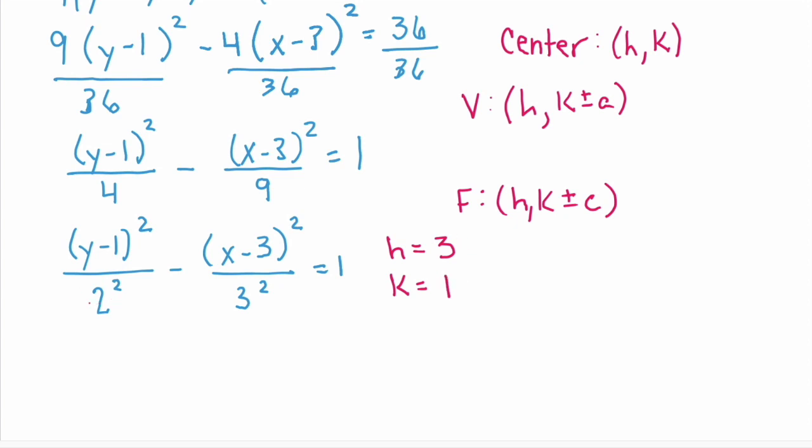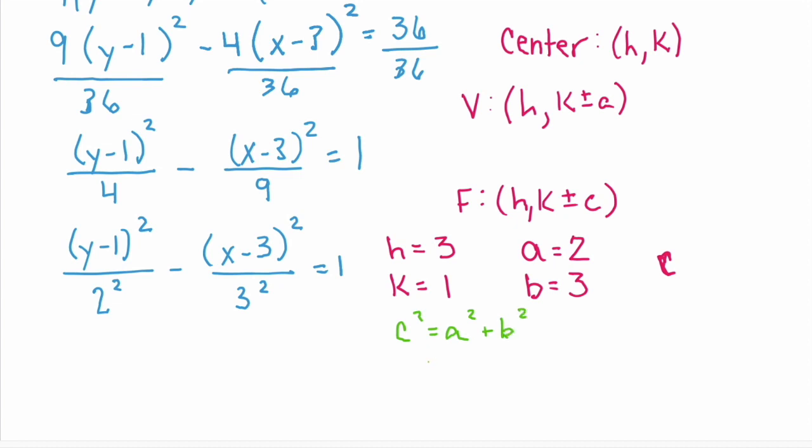A is the denominator of your y variable, and it's the value that's being squared, so it's 2. B is the value from your x, and that's 3. Now what about C? C we need to find. Recall that c squared equals a squared plus b squared.